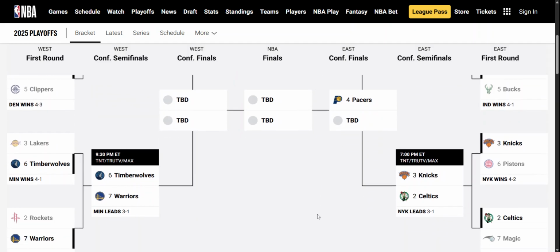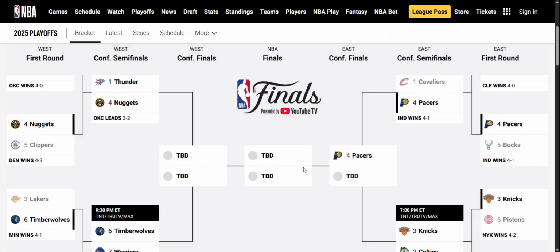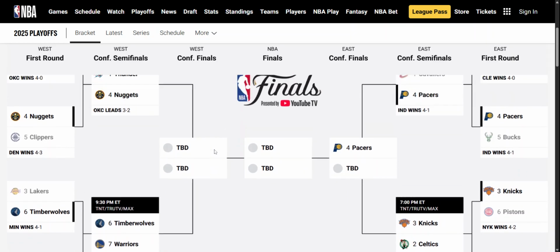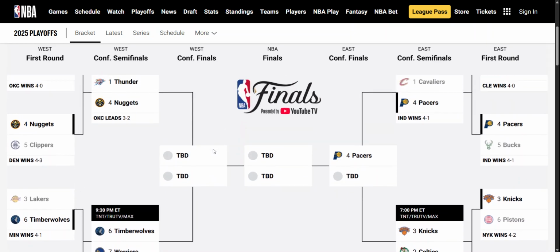The Pacers advance. So the Knicks are 1 game away from taking on the Pacers in the conference finals. And it looks like that may be the case, but you never know. You know, we have gambling and such going on, right? But we'll see what happens. So we got 7 teams left. Who will be the NBA champion of the 24-25 season?